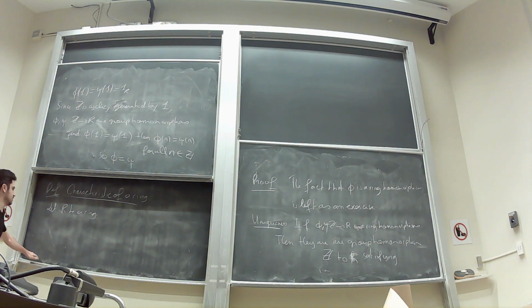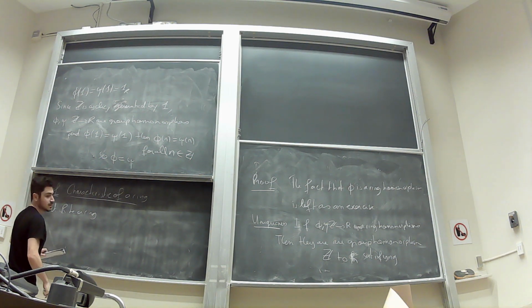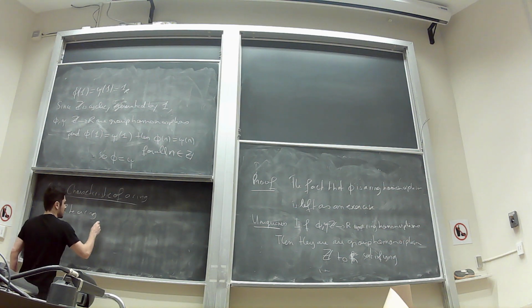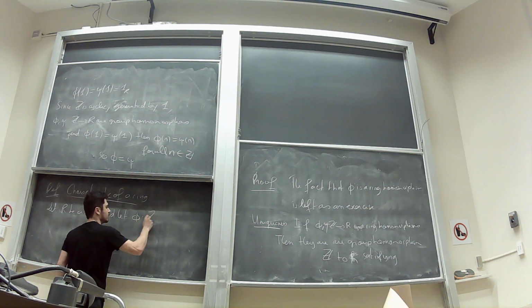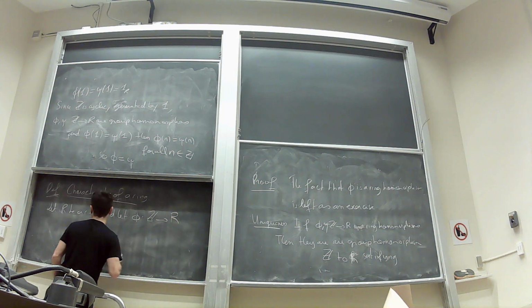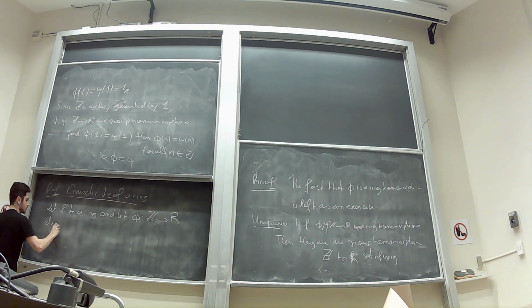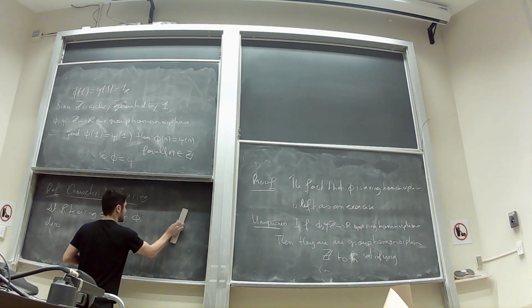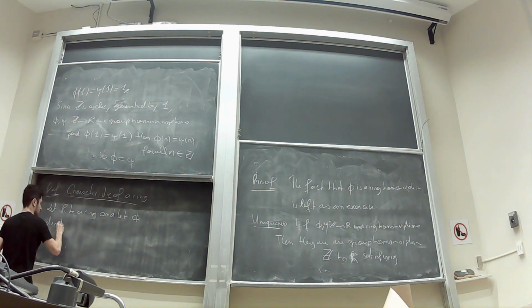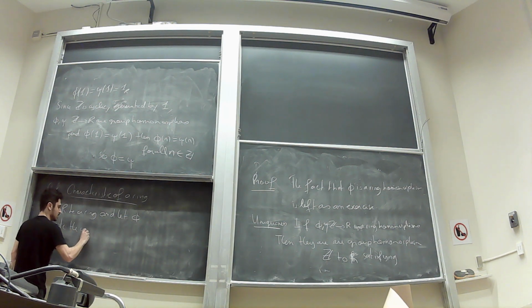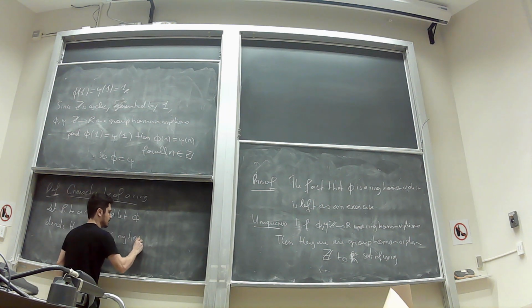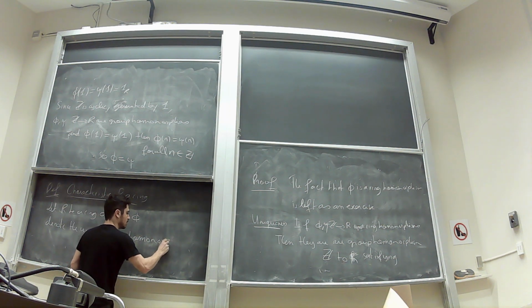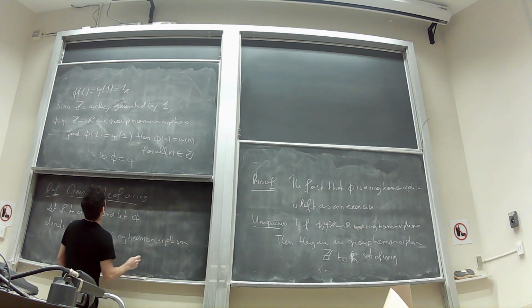You don't need commutativity, but let R be a ring, and let phi from Z to R denote the unique ring homomorphism from Z to R.